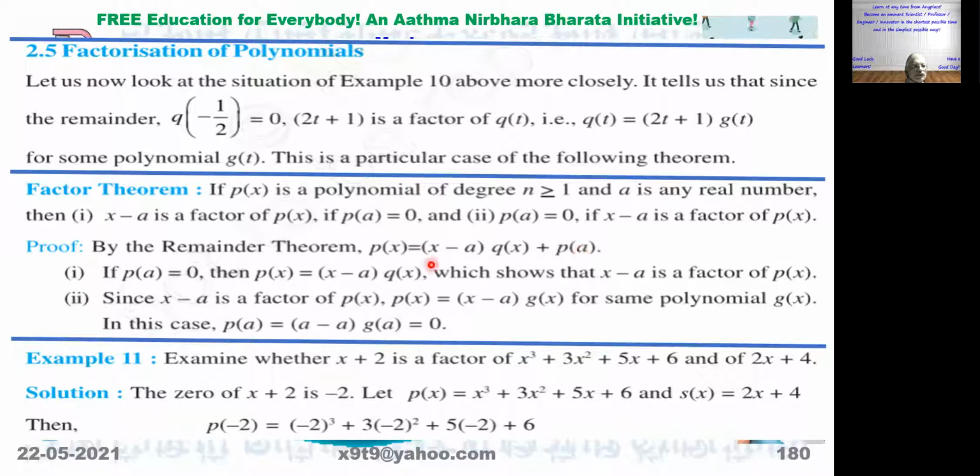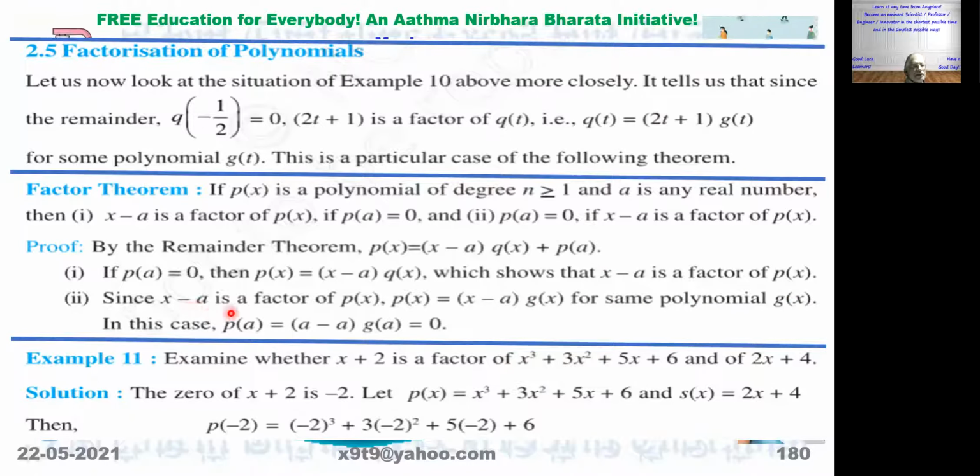So, in this function, if x is replaced by a, naturally a minus a becomes 0 and therefore P(a) is already 0. So this totally becomes 0. If P(a) is equal to 0, then P(x) is (x minus a) into Q(x), which shows that x minus a is a factor of P(x).